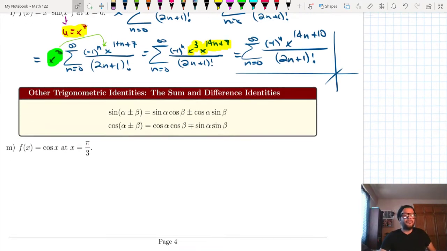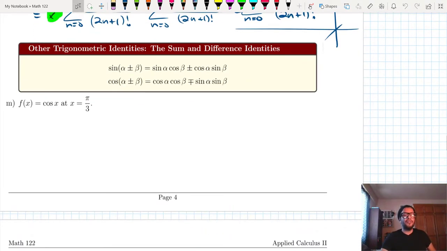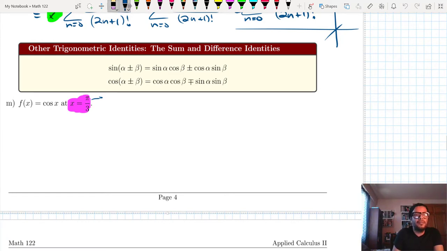All right, so what if we have a trigonometric function and we want to develop a series that is not centered at 0 but centered somewhere else? For example, like letter M. Centering at x equals pi over 3 implies that this must have the sum of x minus pi over 3 in our parentheses.